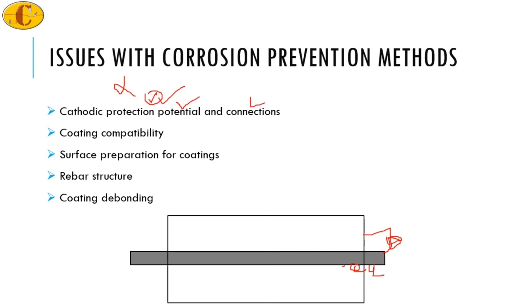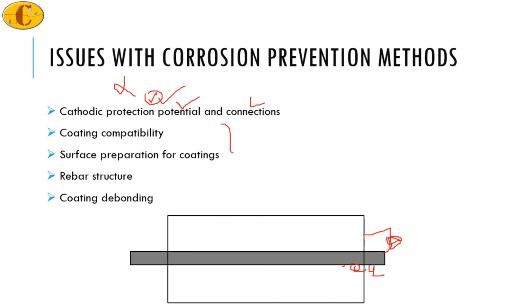Usually there will be some measures in companies to address these connections, but they are specific to those companies only. Everyone will have their own methods to check these potential measurements.